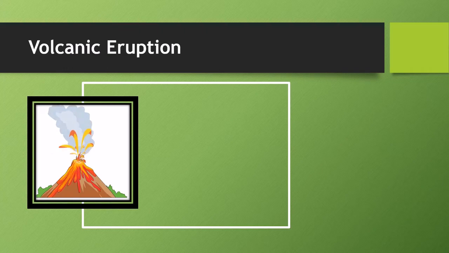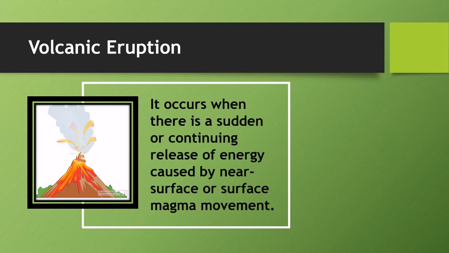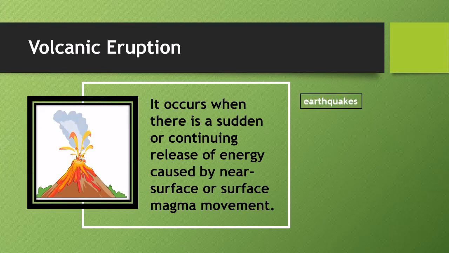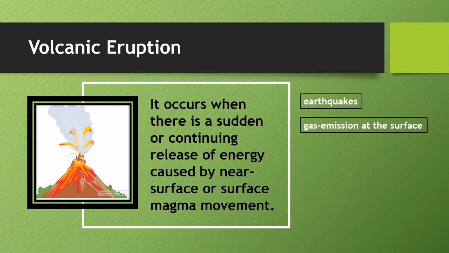How are we going to define the word volcanic eruption? It occurs when there is a sudden or continuing release of energy caused by near surface or surface magma movement. During volcanic eruption, there can be an occurrence of an earthquake or the shaking of the ground, gas emission at the surface.